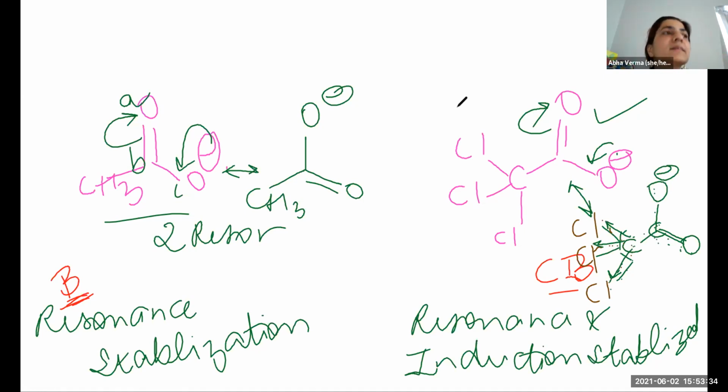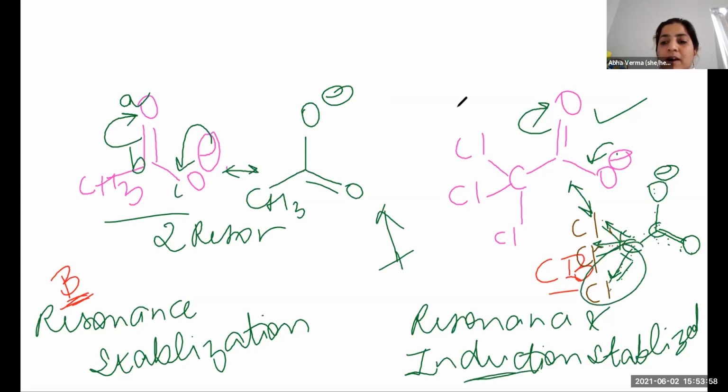So yes. But when we talk about induction and dipole, induction definitely has a dipole associated with it. But when we talk about induction, we usually think about the push and the pull of electrons. Definitely the C-Cl is a dipole. It is a polar bond. There is no doubt about that.